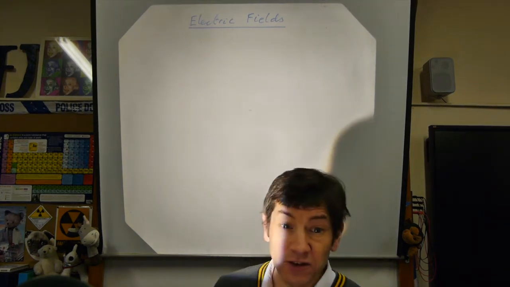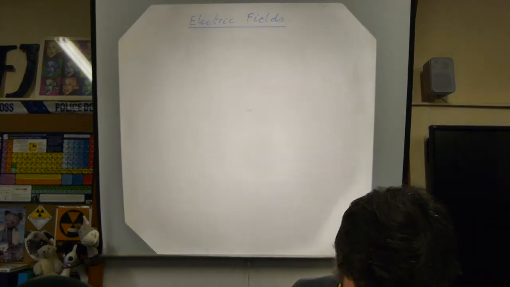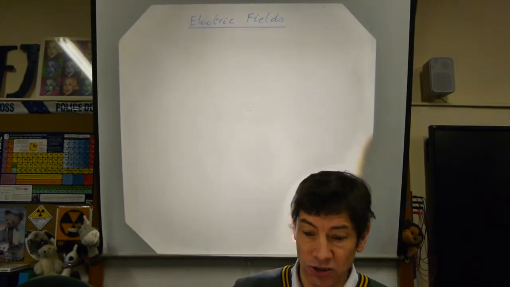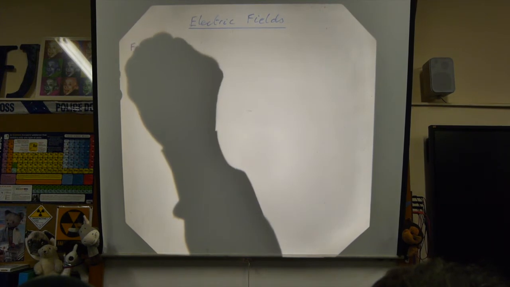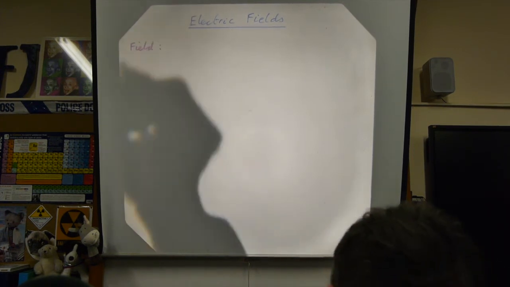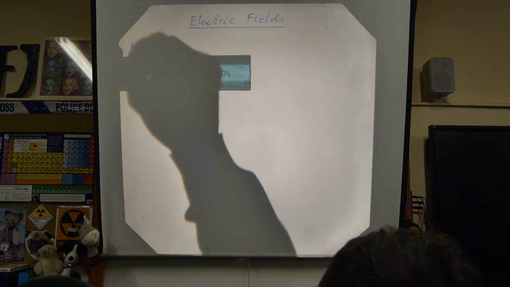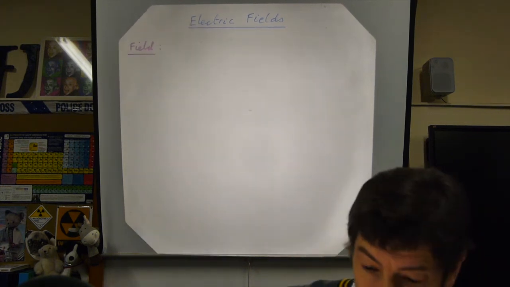So the first thing we're going to look at is what a field actually is. You should remind yourself that a field is a specific thing in physics, and I'll take the time to actually write it all out.